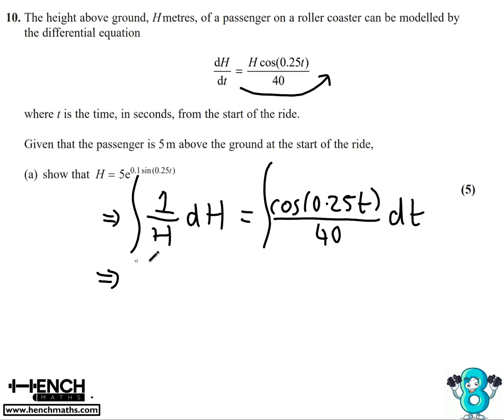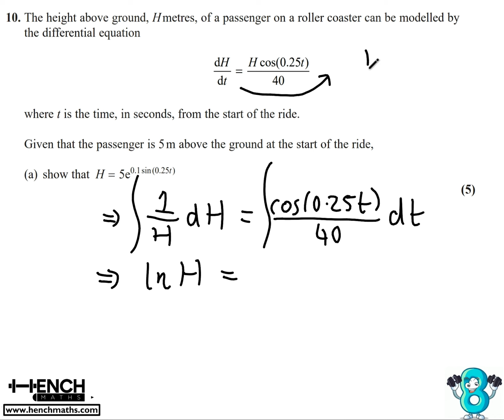So the integral of 1 over h with respect to h is the natural log of h. Now we're going to integrate cos 0.25t divided by 40. So cos integrates to sine, but because of the reverse chain rule, we need to divide by 0.25. If we were differentiating, you multiply by 0.25 because of the chain rule, so because it's integrating, we need to divide.